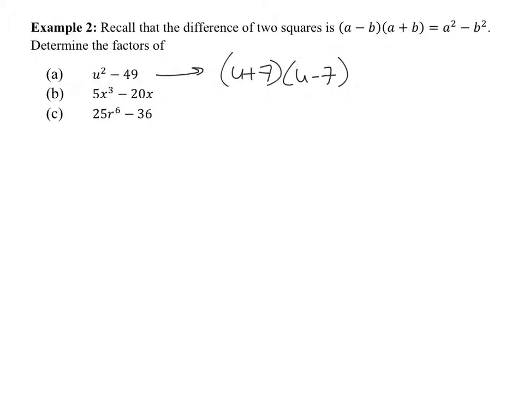Okay, that's one way, absolutely. You multiply it back out, you're going to get u squared plus 7u minus 7u minus 49. Absolutely, that's one way to remember, right? Multiplying it out. How else do you know that that's true? If you square root u squared and then 49, you get the 7 because of the rule.